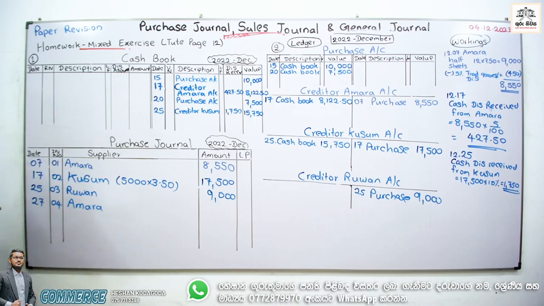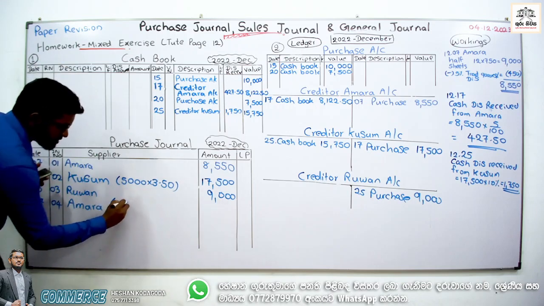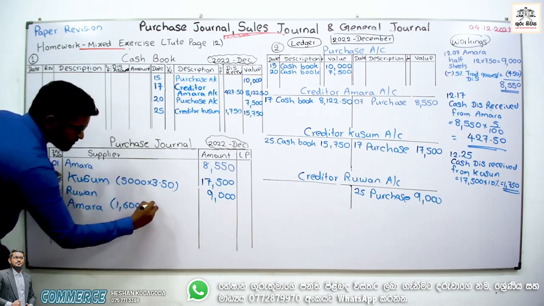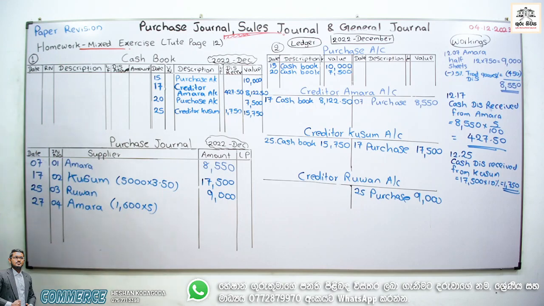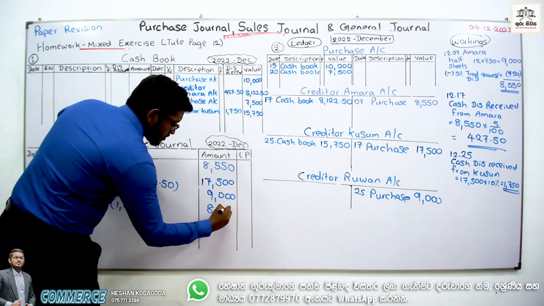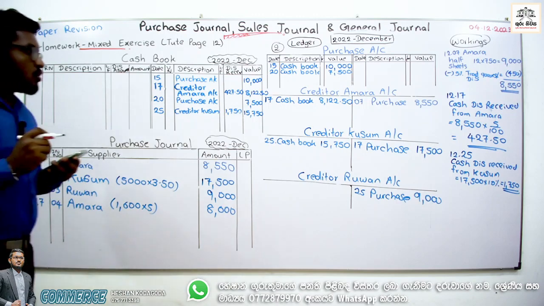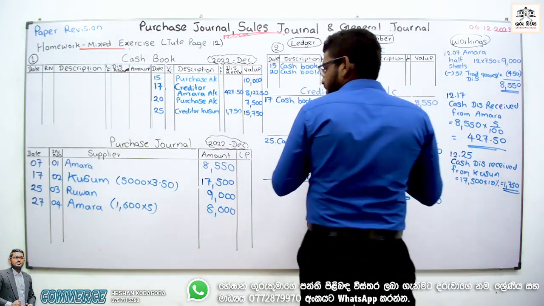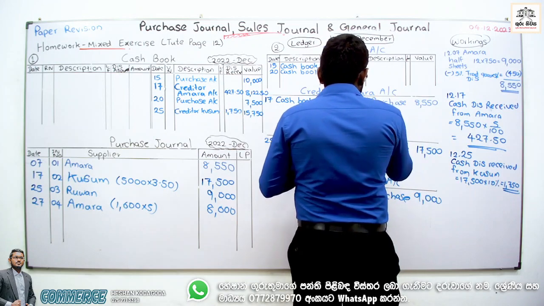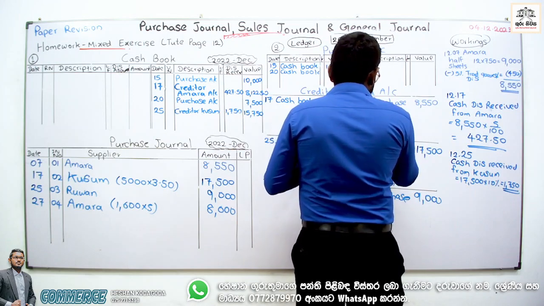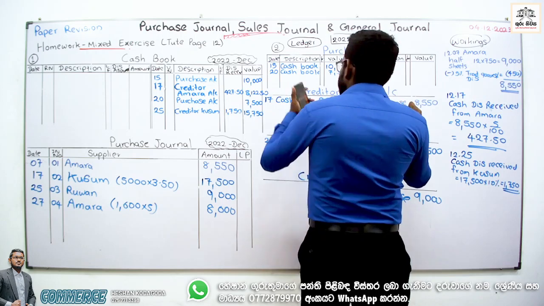How much? 1,600 into 5 means 8,000. There is a creditor account for Amara, so we credit the creditor Amara on the 27th. The purchase account is debited at the end of the month.